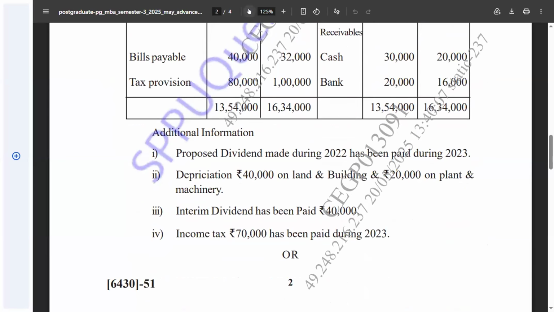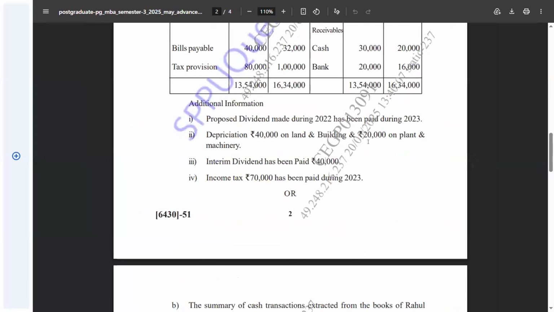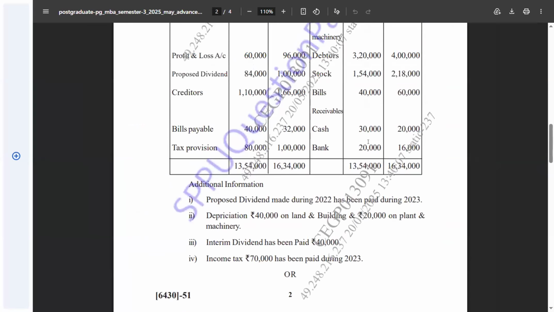I'll zoom in to make it readable. Here, instead of adjustment in number of weeks and periods, which you do in cash flow, you have to properly find out the corrected P&L account, change in working capital, and all these things. And we're going to solve all these papers.